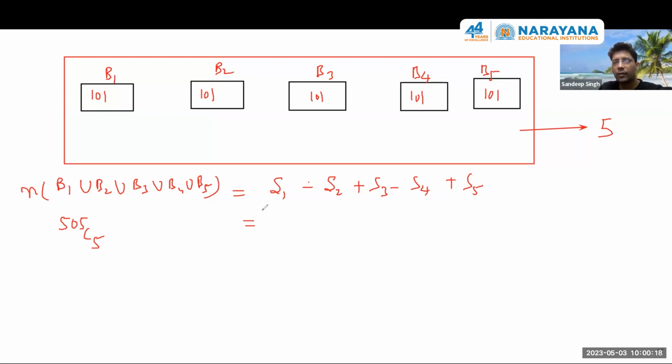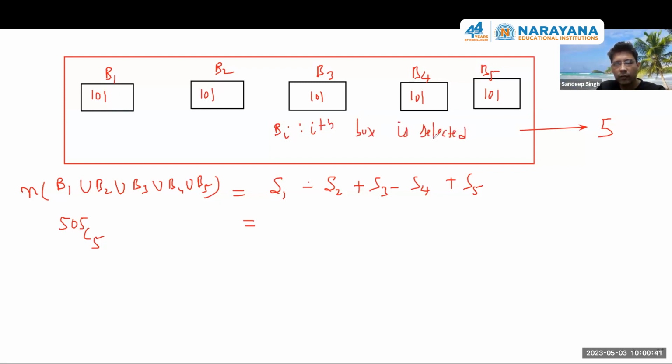So what is going to be in B1? B1 means when B1 is selected. So when B1 is selected, what does it imply? Bi means the ith box is selected.